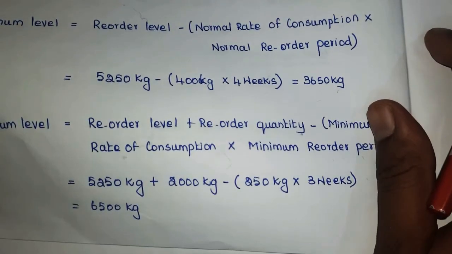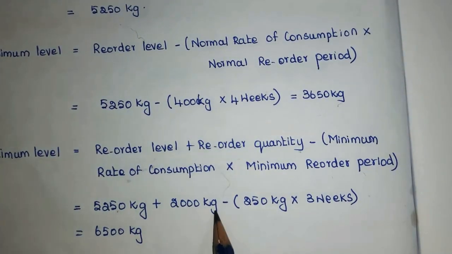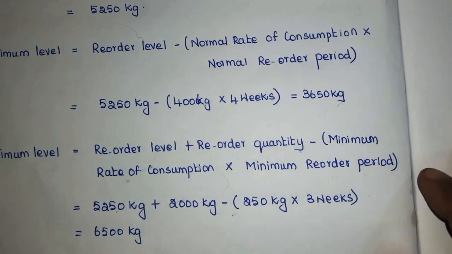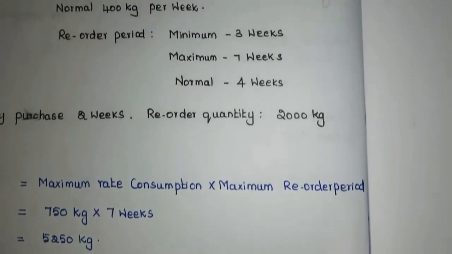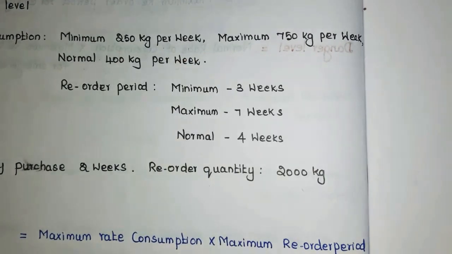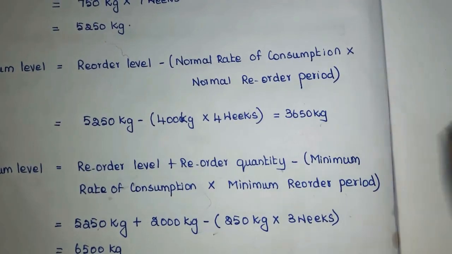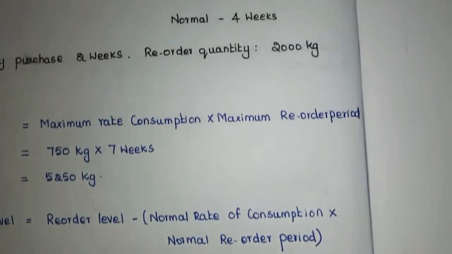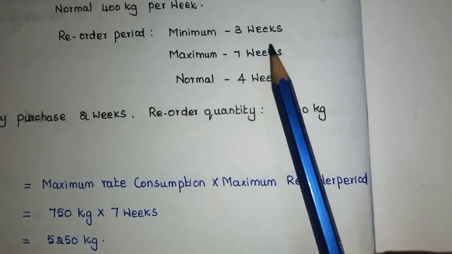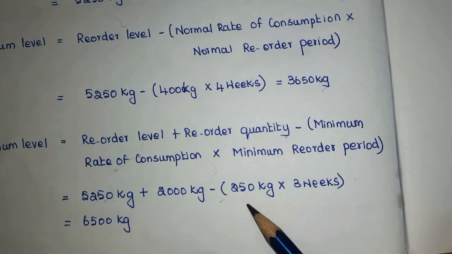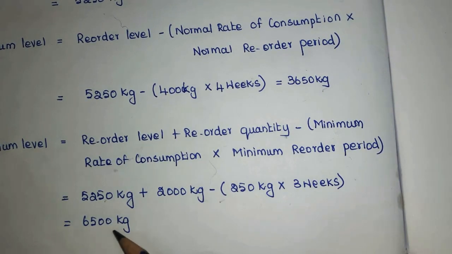Here 5250 kg plus 2000 kg minus minimum rate of consumption, the minimum is 250 kg per week, 250 kg into minimum reorder period. The minimum reorder period has been given in the problem as 3 weeks, and that is substituted here. From this we can calculate 6500 kg as the maximum level.